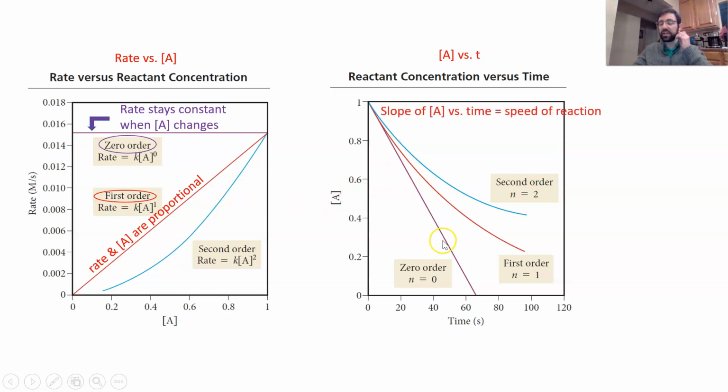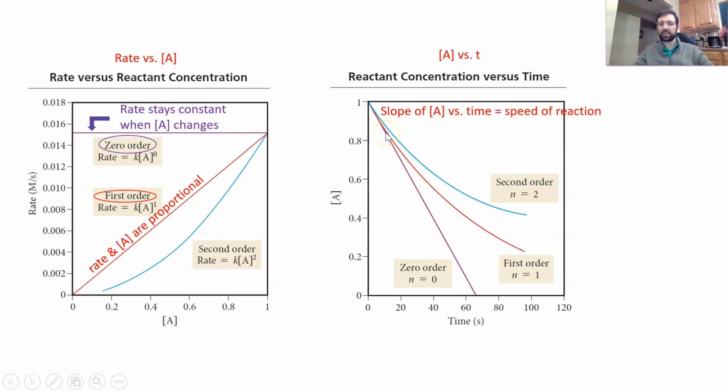Now looking over at the other one, where we have the concentration on the y-axis and the time on the x-axis, the slope of the concentration of A versus time is the speed of the reaction. That's how quickly the reaction is happening. A zero order reaction has a constant rate.